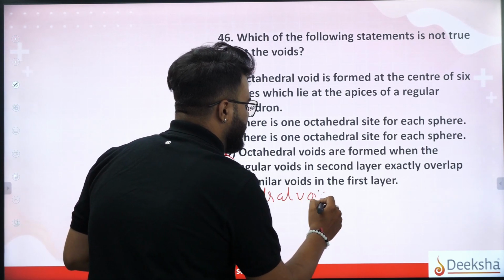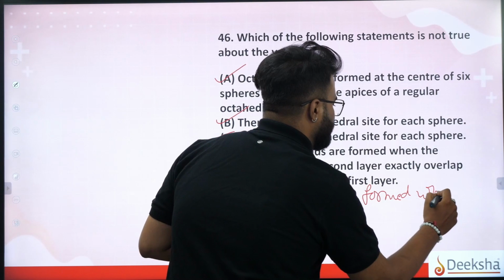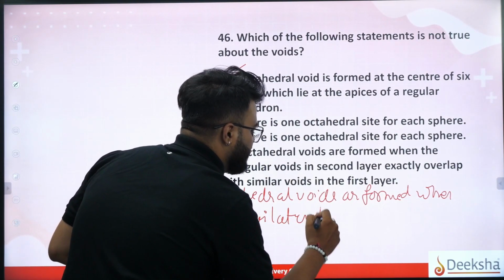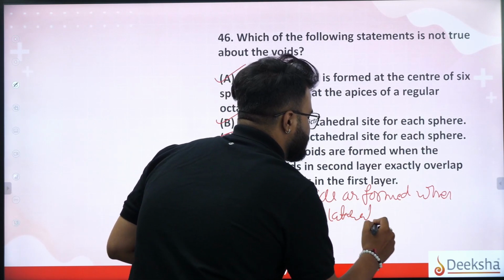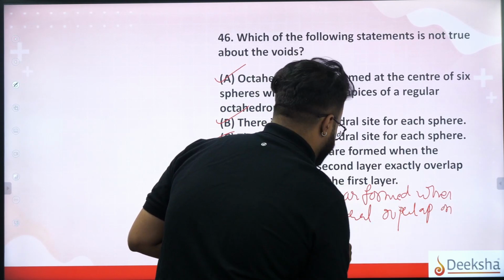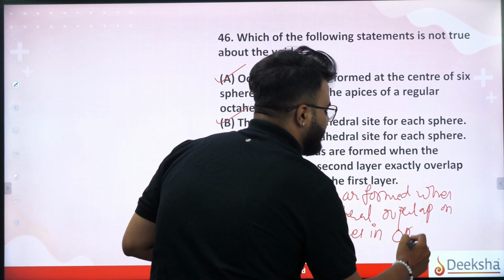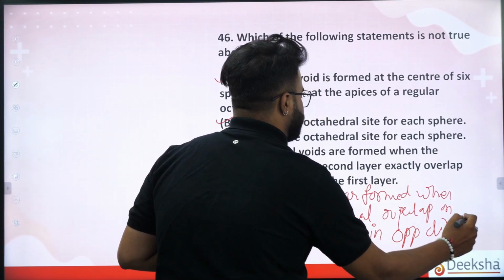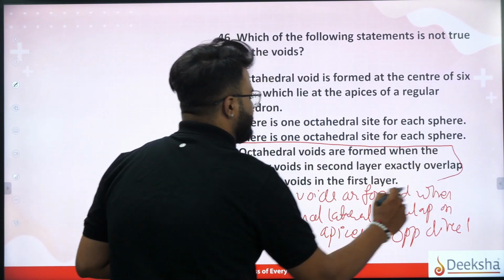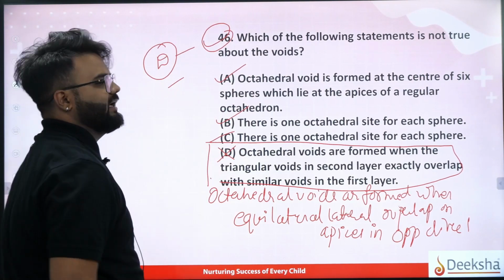Octahedral voids are formed when equilateral triangles overlap on the apices in opposite direction. So which is not true is option D. For question number 46, option D will be the correct answer.